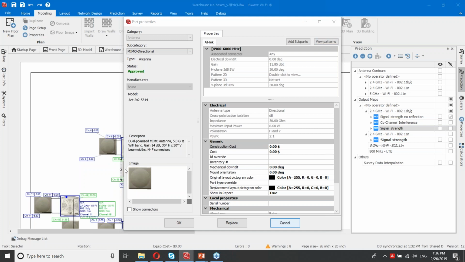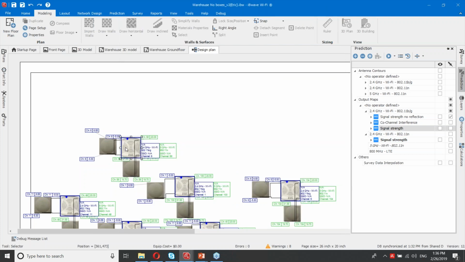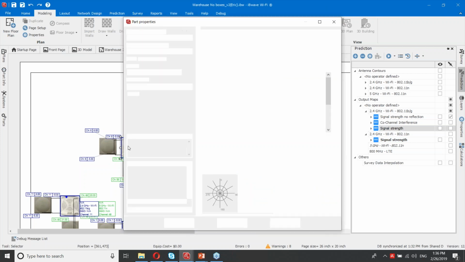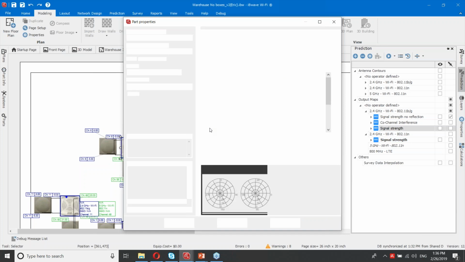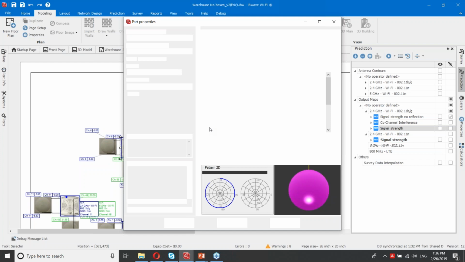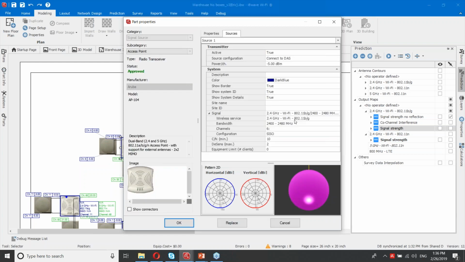Another thing that I want to point out is, as I said, that b and g should be addressed. This means that I have enabled this AP to support 2.4 b and g technology for that area in between shelves. And you see that right here, 2.4, 802.11b/g.